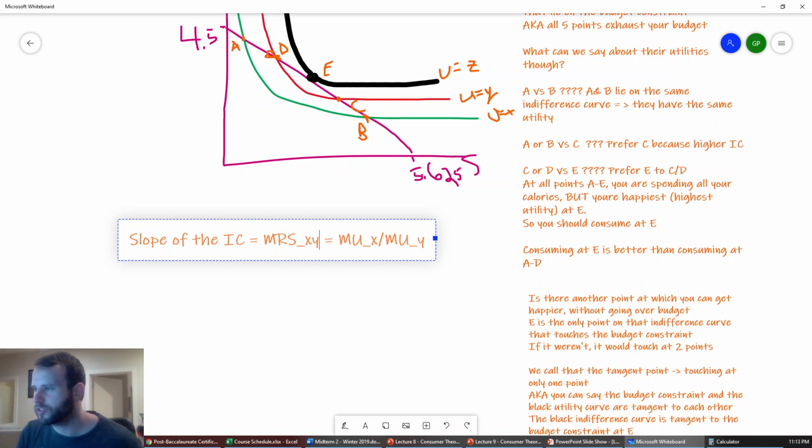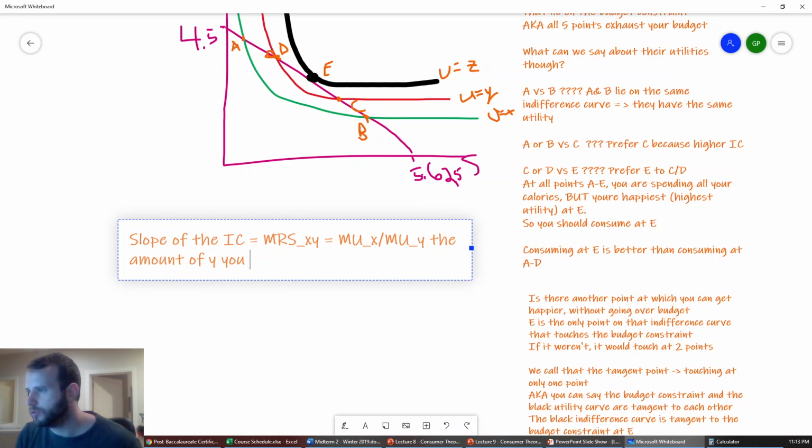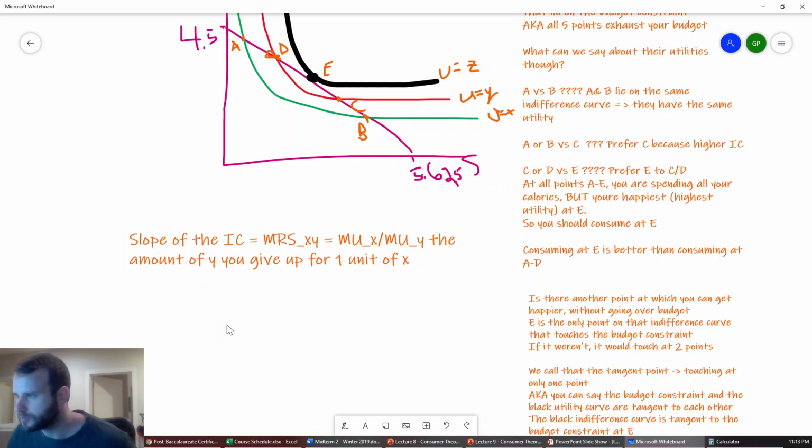Call that marginal rate of substitution X for Y, and that is the amount of Y you give up for 1 unit of X.